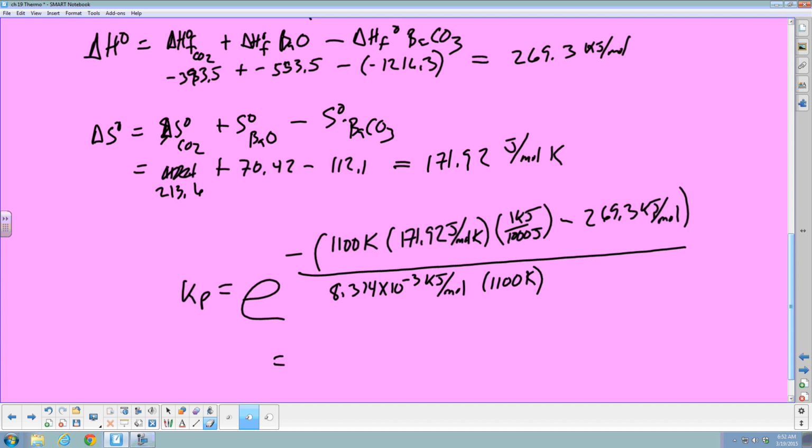That gives me an 80 when I take the negative of that. Divide that by 8.314 times 10 to the minus 3 divided by 1100. And then the E. Nope. I've made a mistake somewhere. What have I done wrong? Let me figure this out. I'll bring you back in a second.